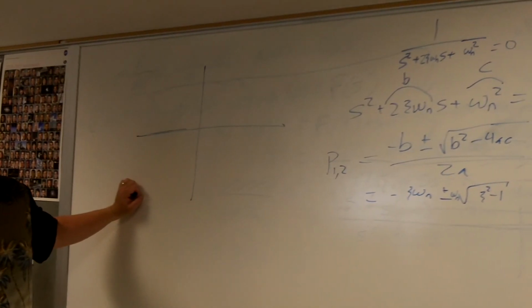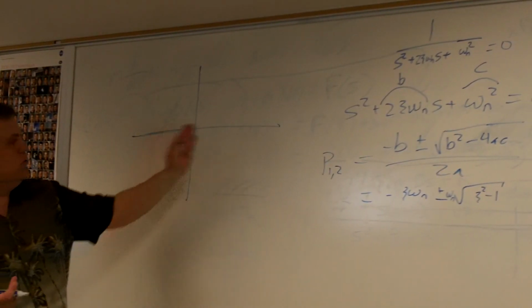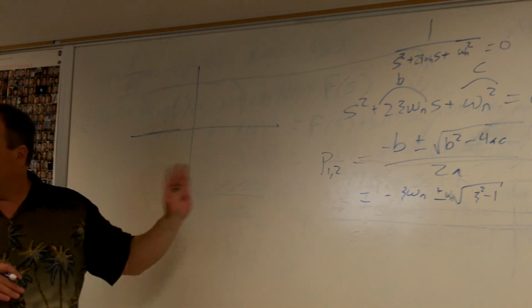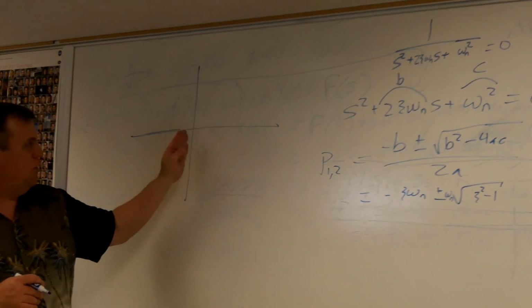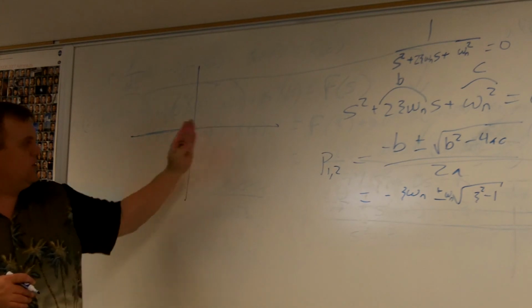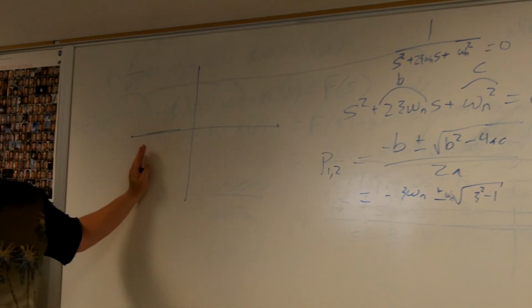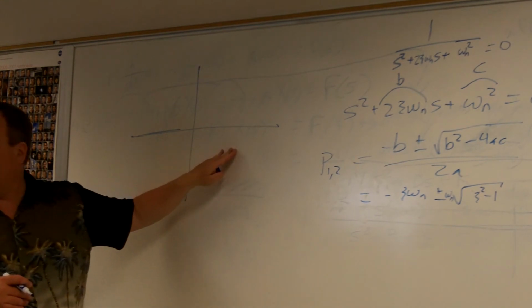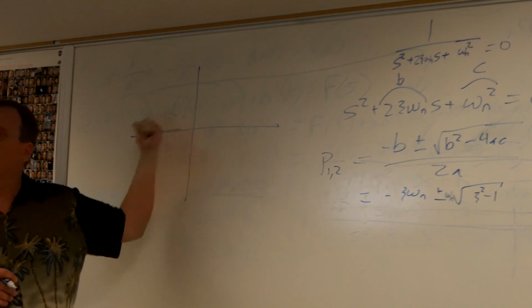Because that's the stable plane. If it goes over on this side, active components go unstable. So the same thing we developed before: unstable, marginally stable, stable. I'm going to draw my stuff in the stable plane because that's where you want to end up. If any of these ever end up over here, it's unstable, and you had better get them back over.